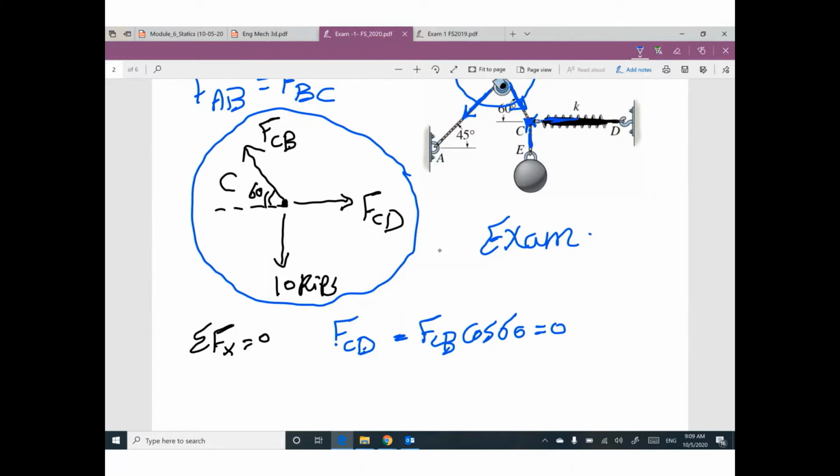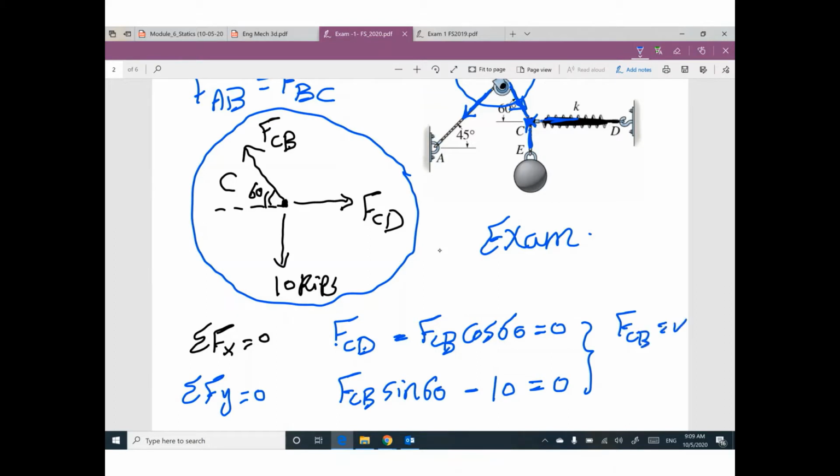That's it. Summation Fy equals 0, so FCB sine 60 minus 10 equals 0. I have two equations. I can solve them together to get FCB and FCD.